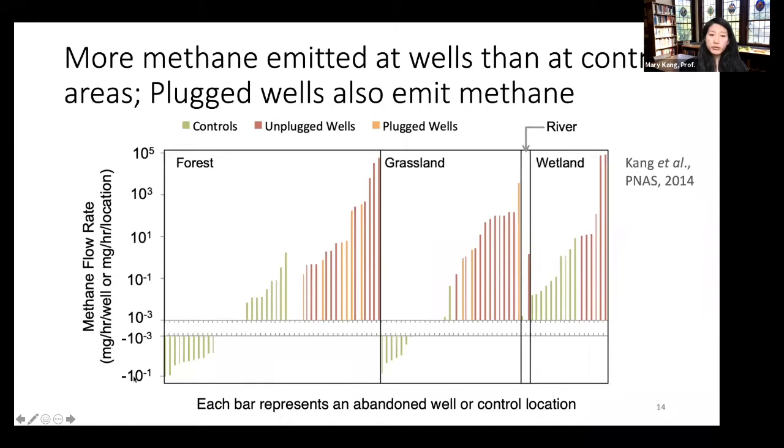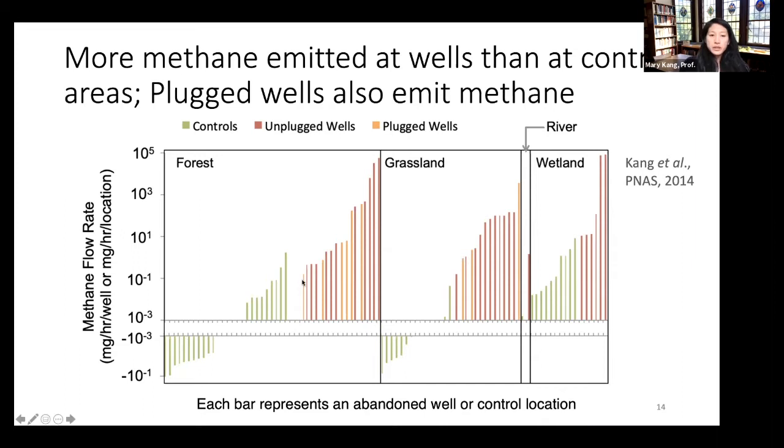And this is the methane flow rate, so the mass of methane being emitted to the atmosphere per unit time and location. The positive numbers mean methane is being emitted into the atmosphere, so you're contributing to methane in the atmosphere. And negative numbers mean it's a sink of methane. So the microbes in the soils, for example, are pulling methane from the atmosphere and consuming it.